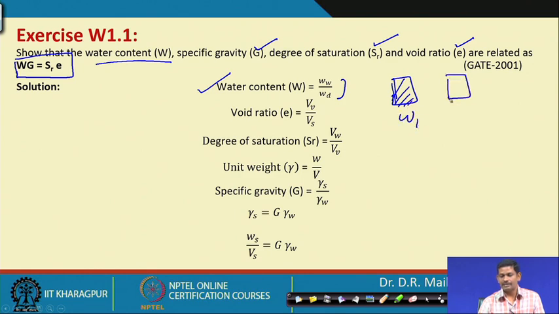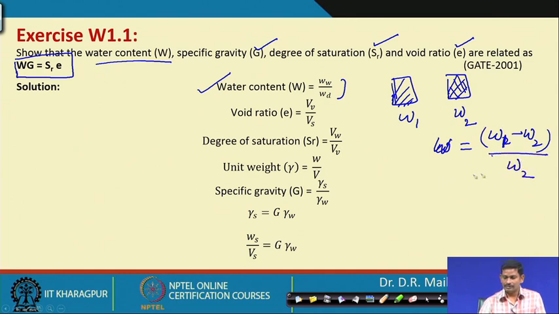Then you keep this in an oven and measure the weight after drying, that is W 2. Now the moisture content, capital W, is equal to W 1 minus W 2 divided by W 2, the dry sample. The same thing here: this is W w, and this is W d, the dry sample. That way we got this.